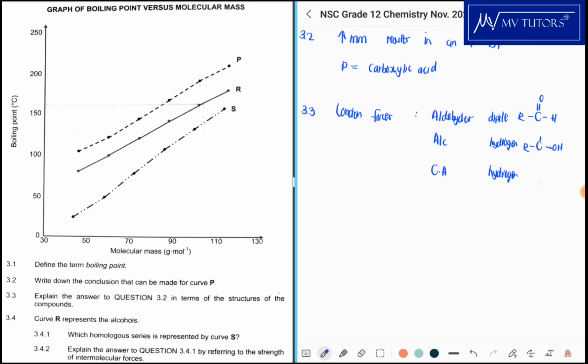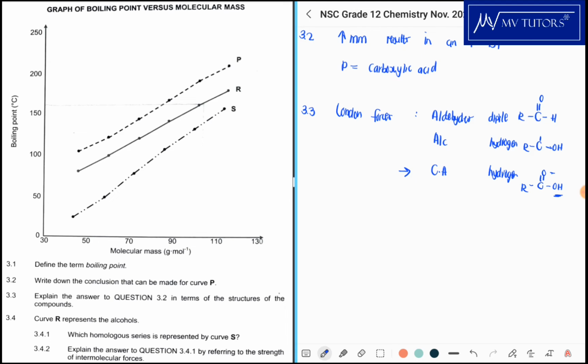And then your carboxylic acid, you have a double bond to oxygen and a bond to your OH group. Okay, so hence, now we're specifically focusing on the carboxylic acid. So you are definitely looking at hydrogen bonding, which is very strong. And you also have your dipole over there.